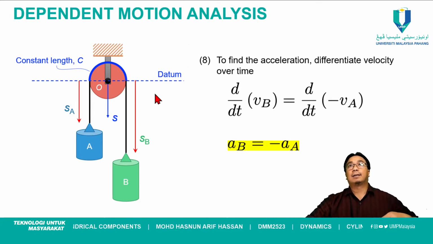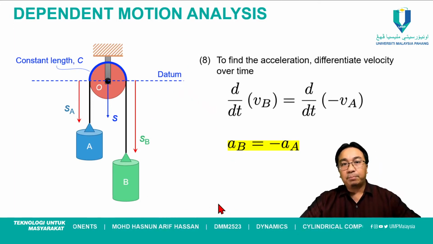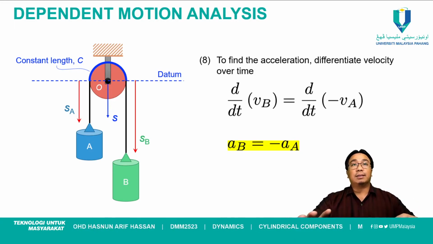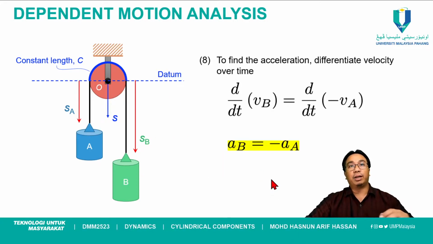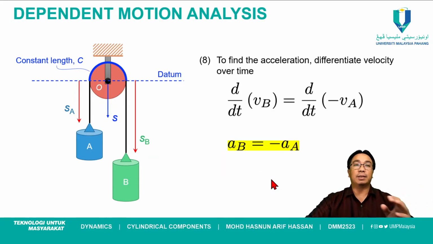Okay. If there are no questions, you have to remember that for this subtopic, there is no specific formula. The formula cannot be used for all problems. It depends on the problem.